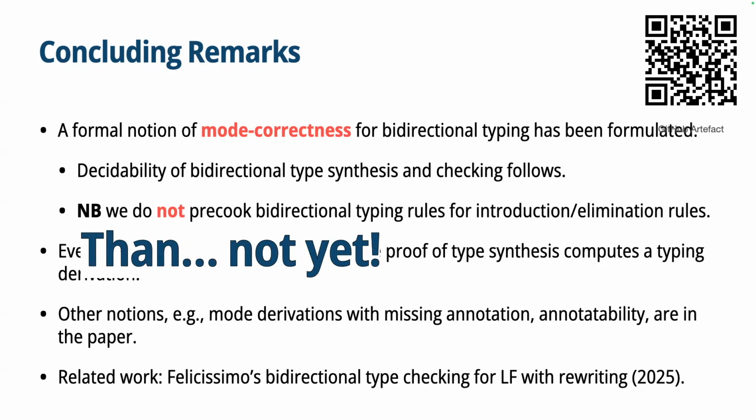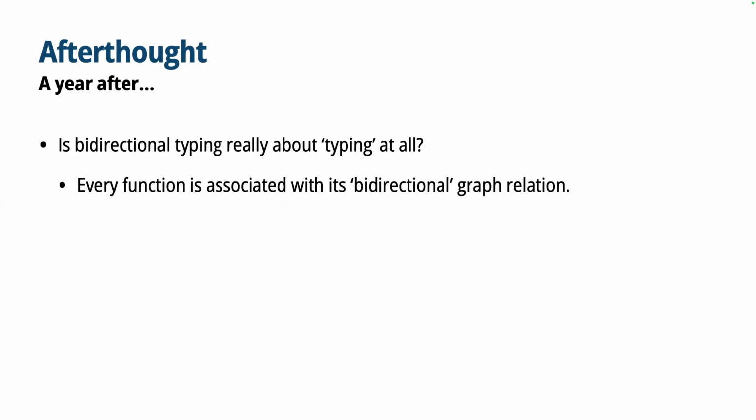But when I think about all of the work I've done so far, I found something that is kind of an afterthought: is bidirectional typing really about typing? It's really about type systems, because the idea is basically the control of information flow. For a simple function, you can always promote it to a relation, right?